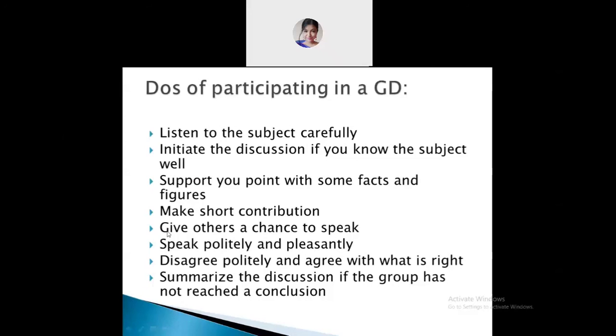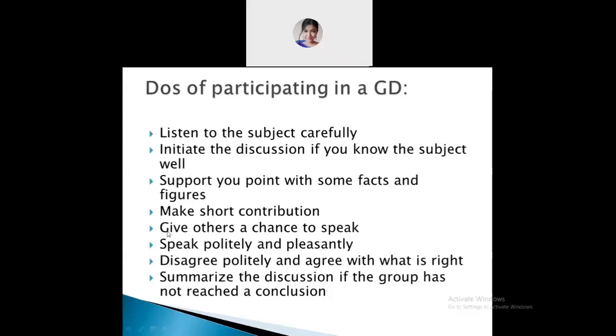So try to make shorter contributions so that you can make more contributions, and so that you can be seen, and so that you can stay active during the whole discussion. Shorter contributions will therefore help you to do the same.